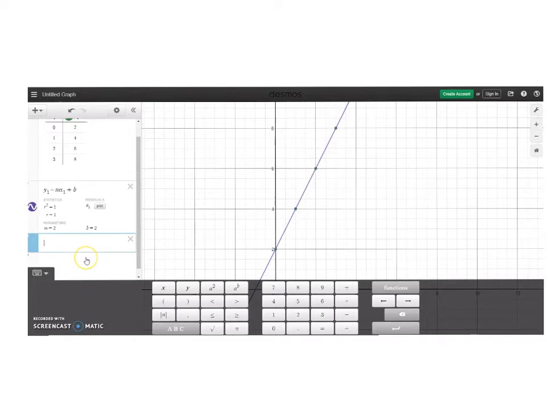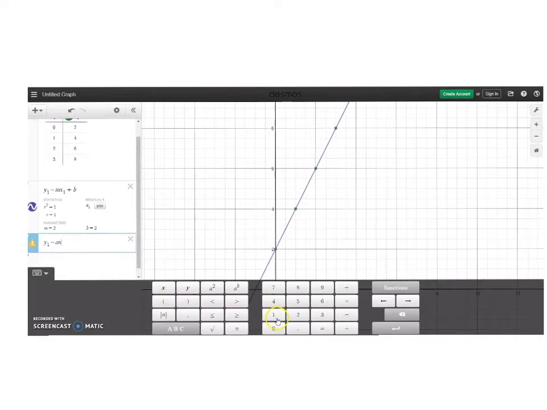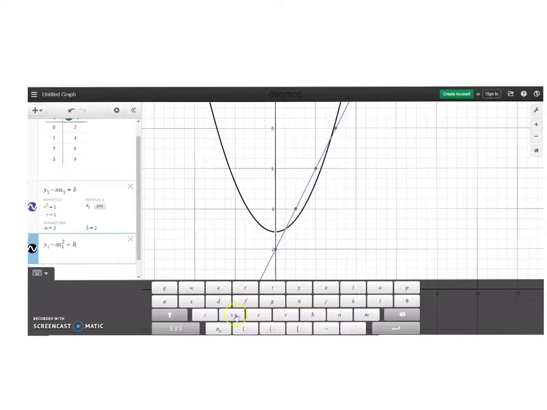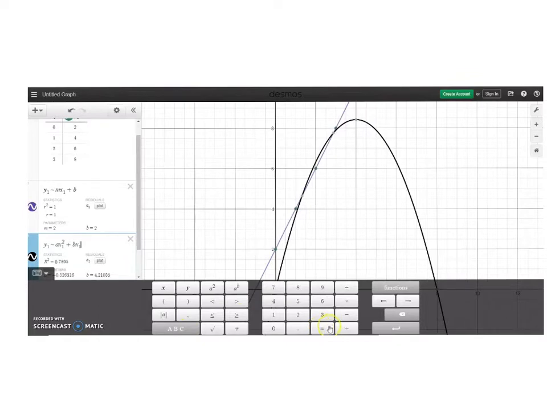So I can get a parabola of best fit if I type in my regression y1 tilde a x1 squared plus bx1 plus c.